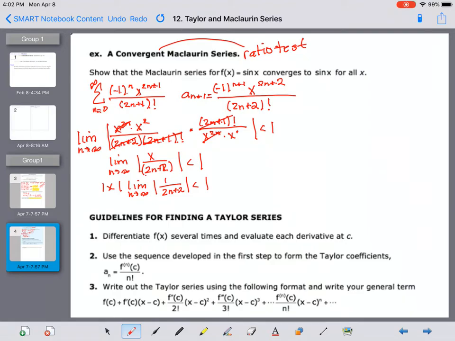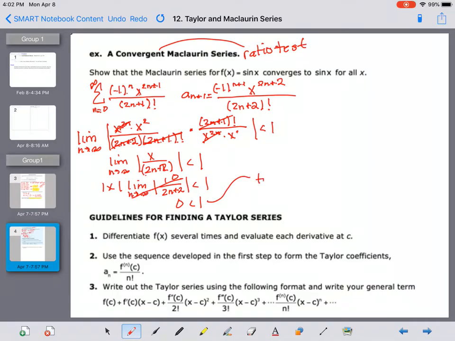Now, if we think about the limit as n approaches infinity, our numerator is growing slower, it's just 1, than our denominator. So our denominator is growing fast, which means our limit is going to be equal to 0. And then 0 times the absolute value of x gives us 0, and 0 is less than 1.